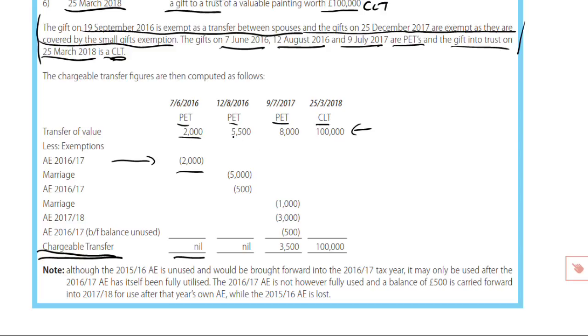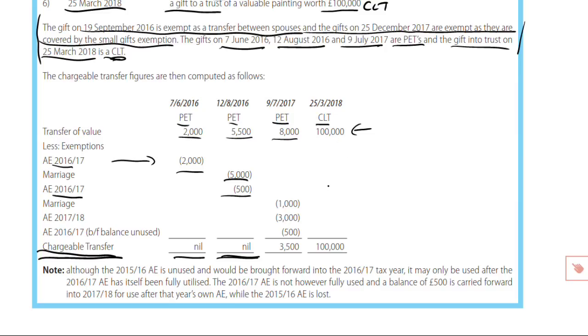We then had the gift to the son on the wedding there, 5.5. Marriage exemption, first to apply, was still in the 16-17 tax year. We used another 500 of that annual exemption. Again, nil chargeable transfer. On to the PET in July of 17, transfer of value 8,000.